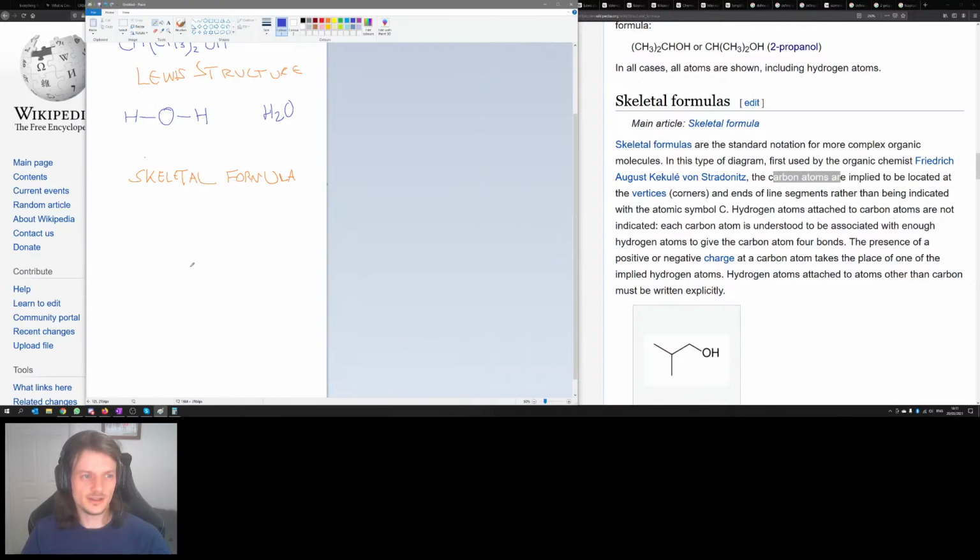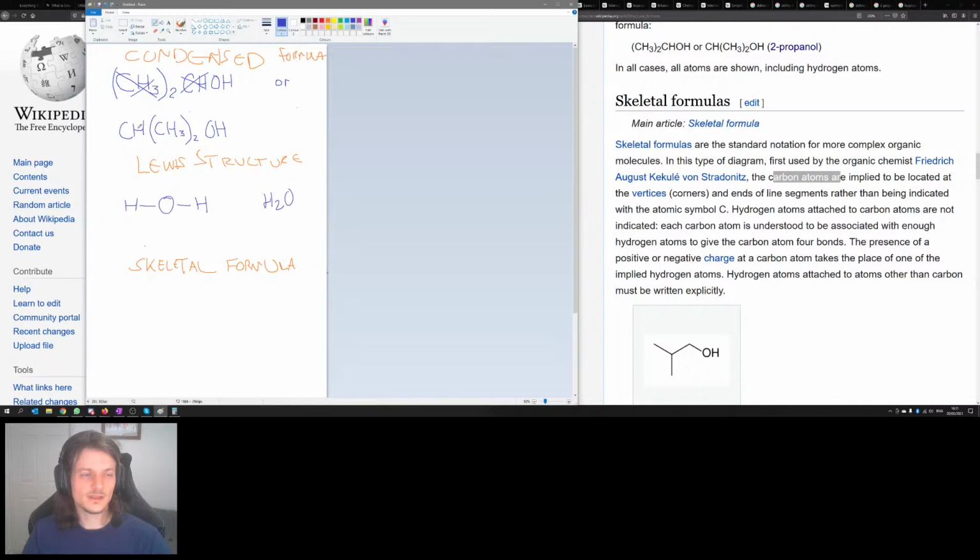So, just as a quick sketch, if we had CH2, methylene, then in this case it would just be H. The carbon atoms are implied to be located at the vertices, like that. 2H though.